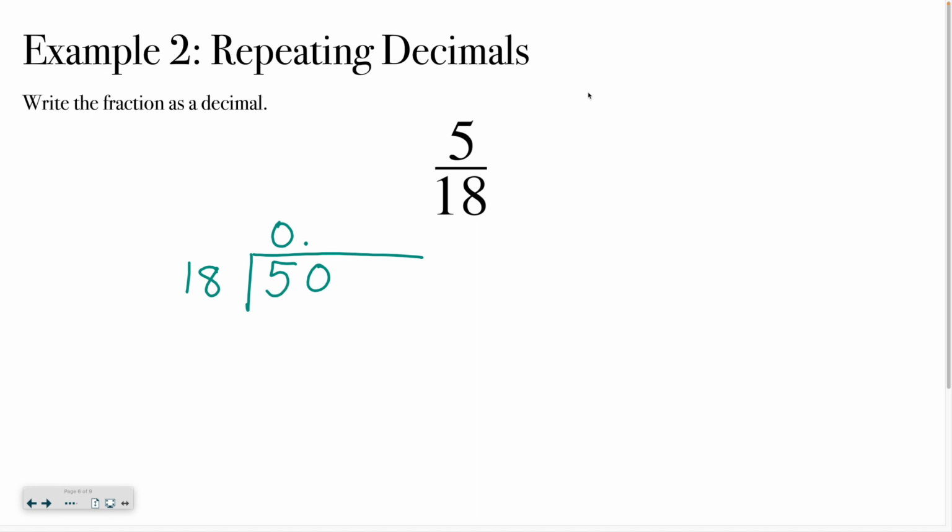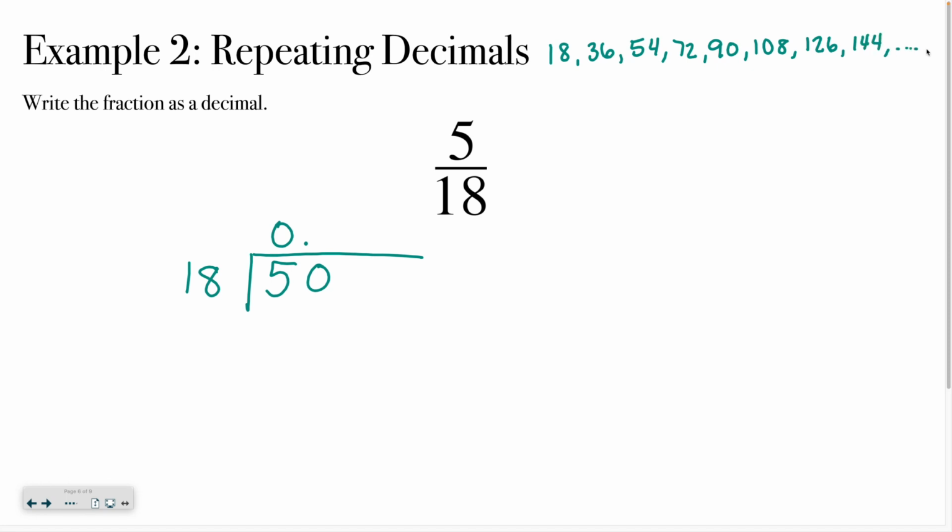Well, something I'm going to do to just help myself is I'm going to quickly write down my multiples of 18. So if I just keep adding 18, this is what I would get. So 18 plus 18 is 36, plus 18 is 54, plus 18 is 72, plus 18 is 90, plus 18 is 108, plus 18 is 126, plus 18 is 144.